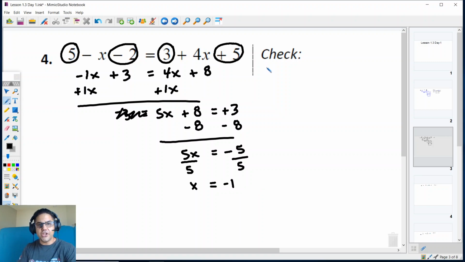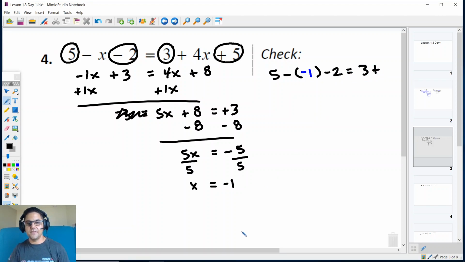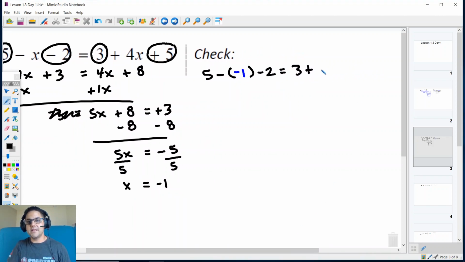All right, so on the check, remember it says 5 subtract, but my x is a negative 1. And then a subtract 2 is equal to a 3 plus 4 times the x value, and then a plus 5. And x we think is negative 1.